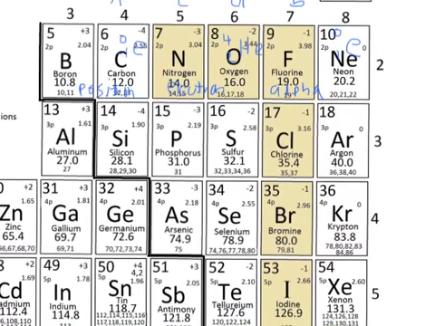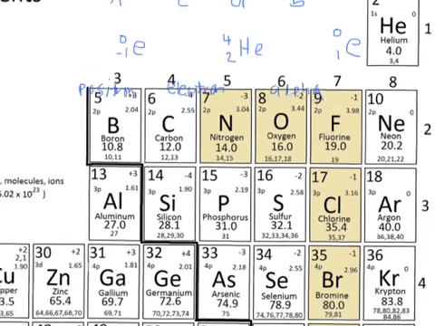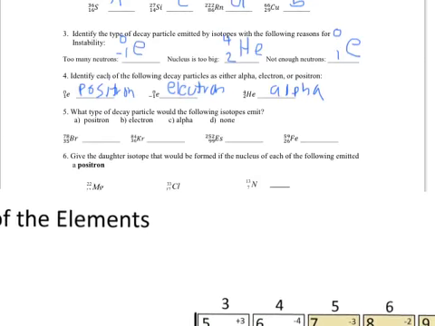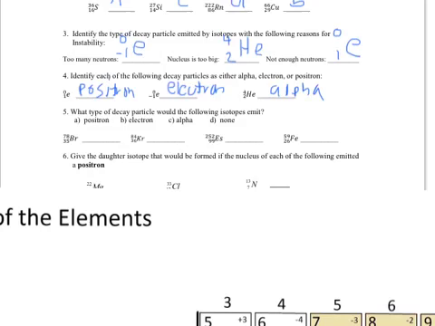Okay, so bromine 78, if we look at bromine, we see that 78 is below that, so in this case, we don't have enough neutrons. If you don't have enough neutrons, you emit this, and this is called a positron, which is right here.